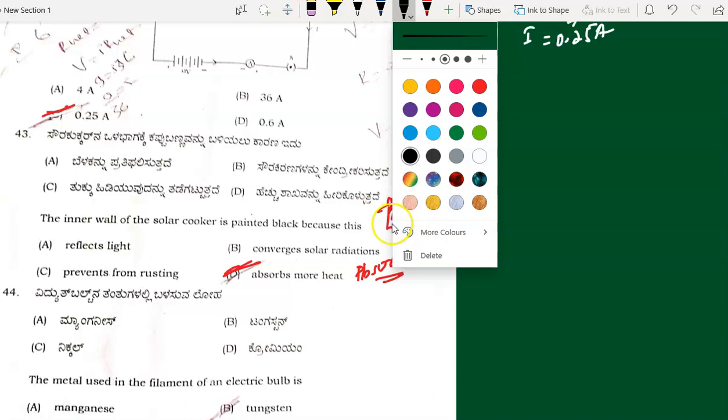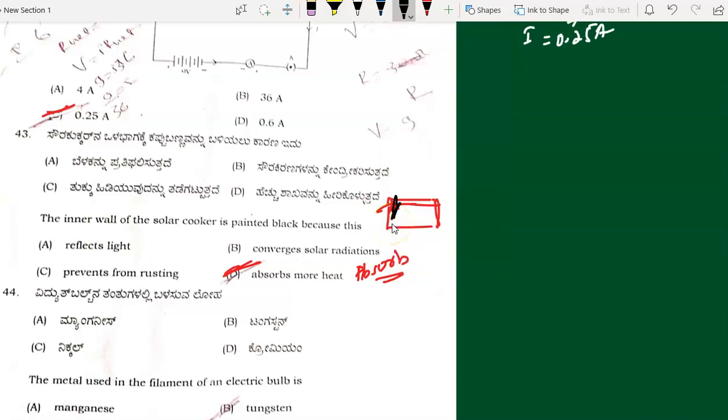Why? Because if we want to cook something, we have to provide heat, right? So black color will absorb, it traps the sunlight here. Black color is the one which is going to absorb the sunlight, and that's why we have painted it with the black color, because it absorbs more heat.